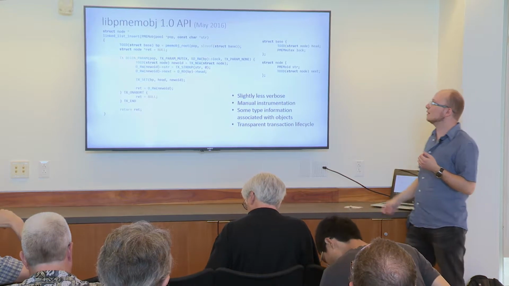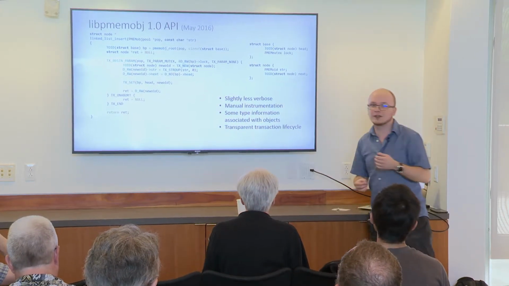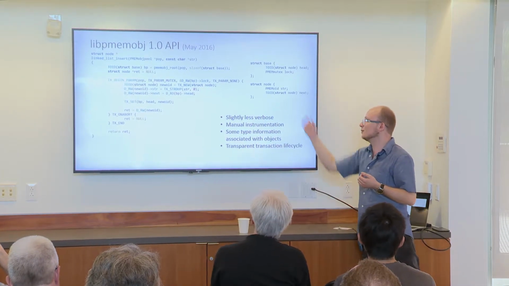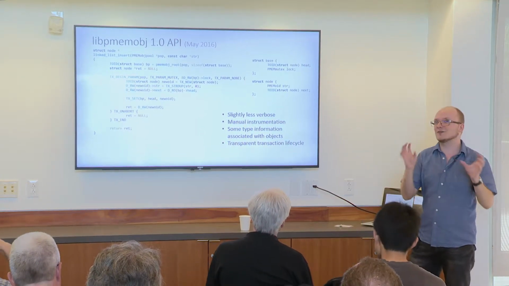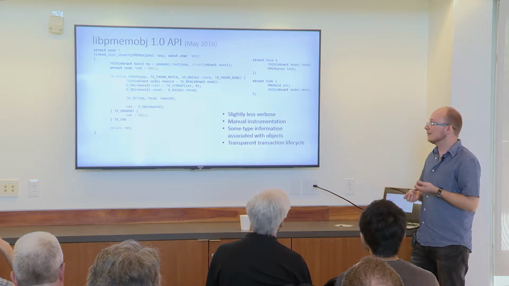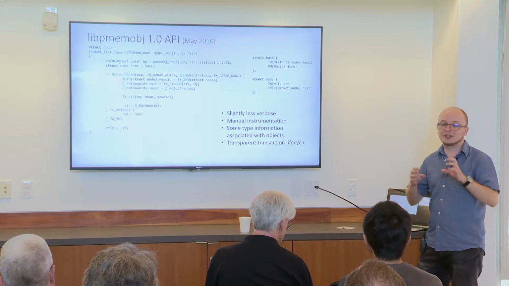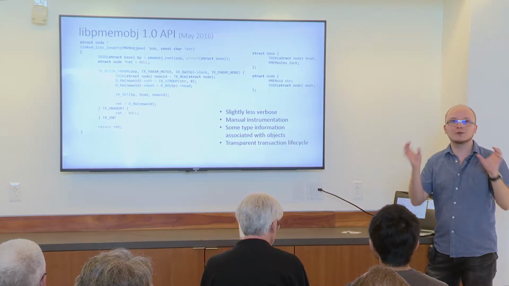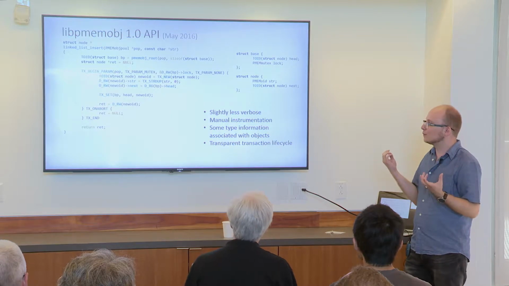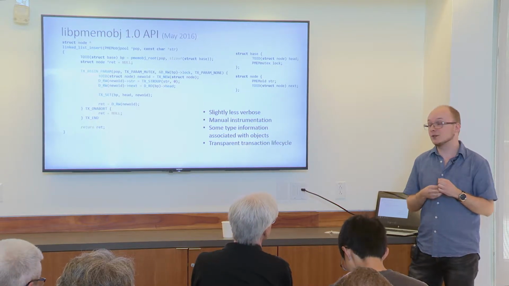So we tried to improve on that, and we introduced a notion of typed object identifiers, which is a very, very fancy macro that tries to be a smart pointer in C. Again, we were constrained by the programming language that we use, so I think we did the best we could with that.